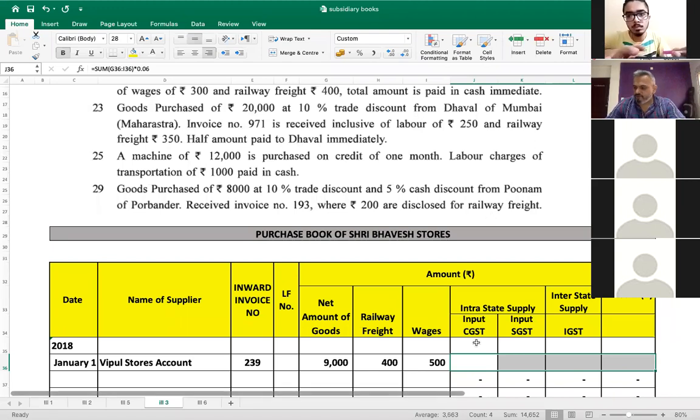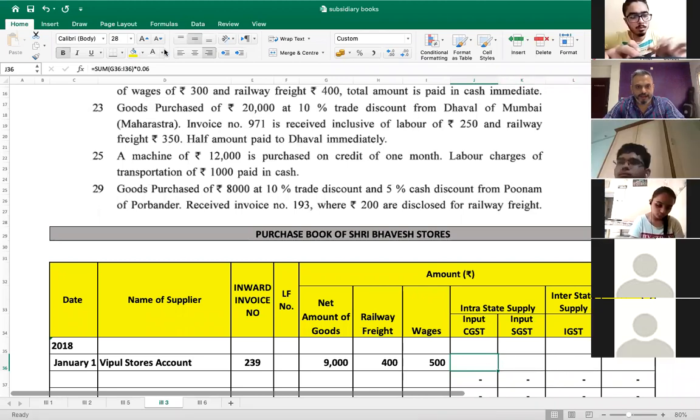12% is the GST. So 6% for input CGST. So find 6% of it. Are you getting 594? Yes.